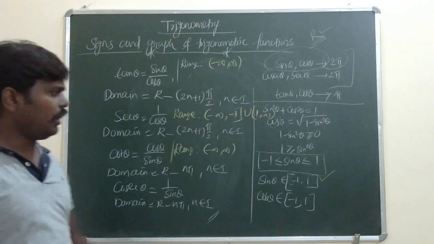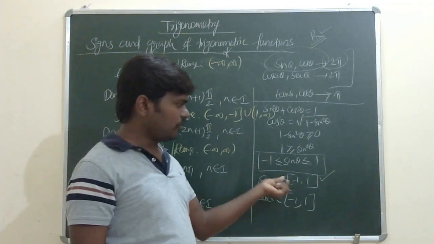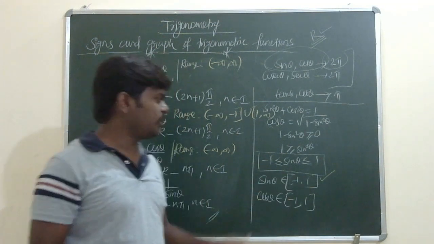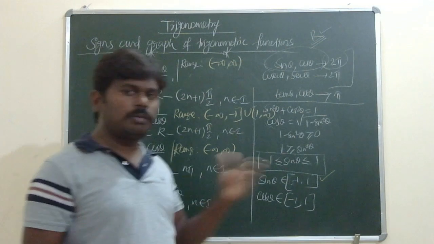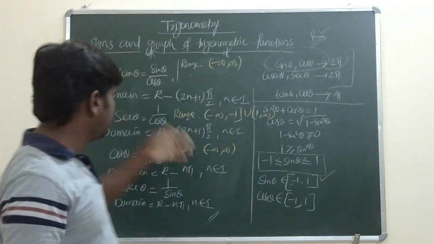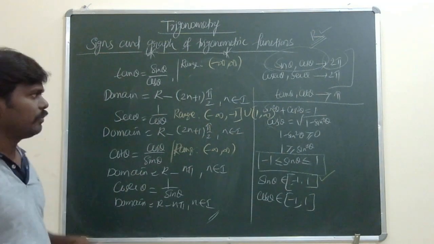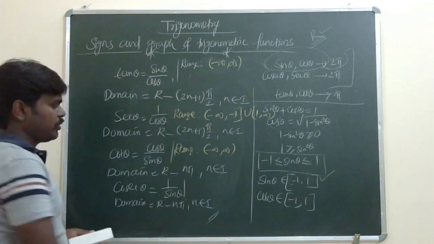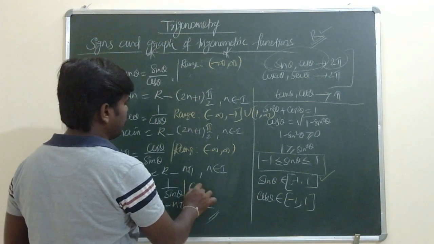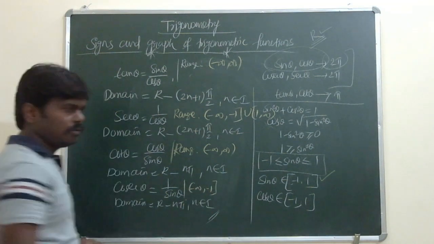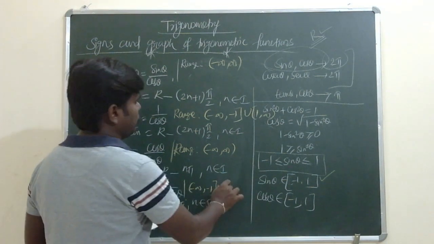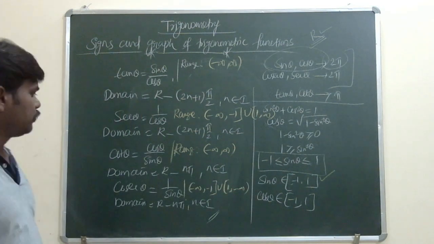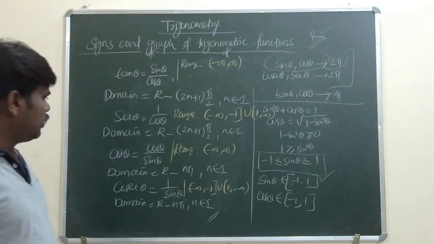Means the values after minus 1 and before plus 1, the open interval minus 1 comma plus 1, will not be taken by the secant and also cosecant. The same range you can write for the cosecant also. So the range of this cosecant function is minus infinity to minus 1 closed interval, union 1 to infinity. Okay. So this is about the cosecant.